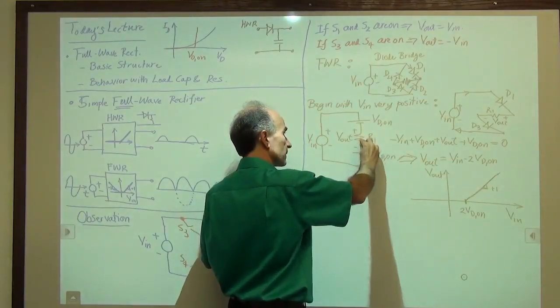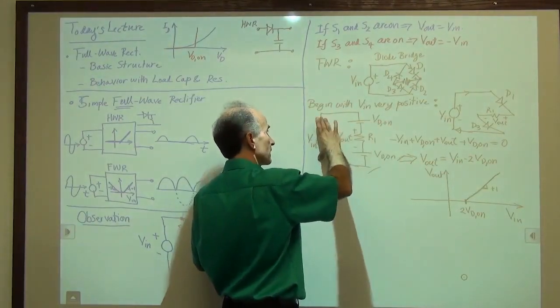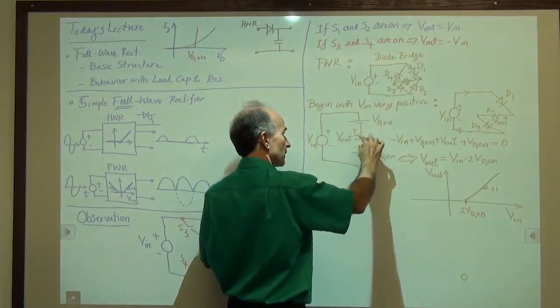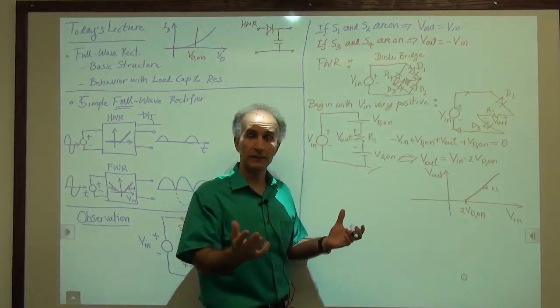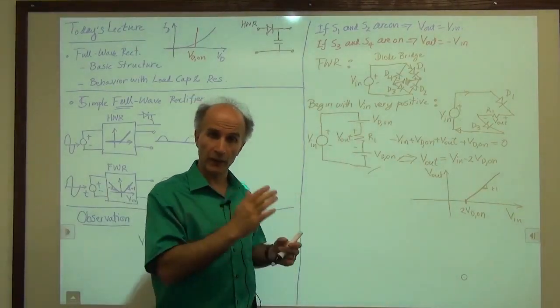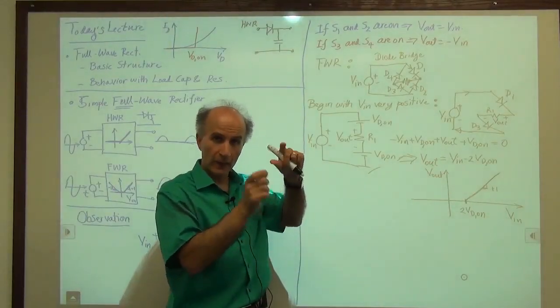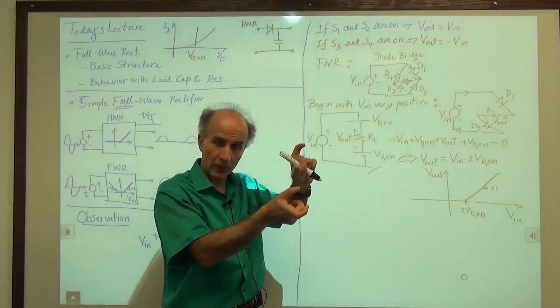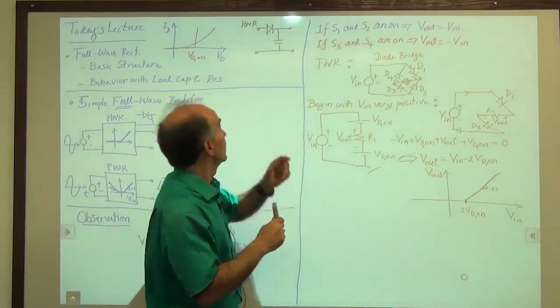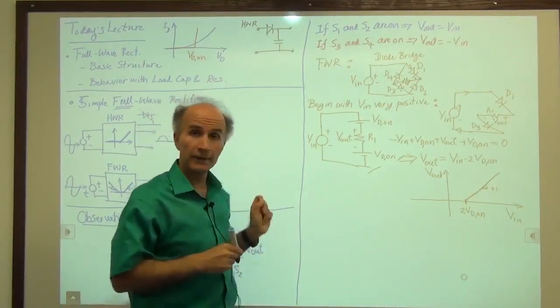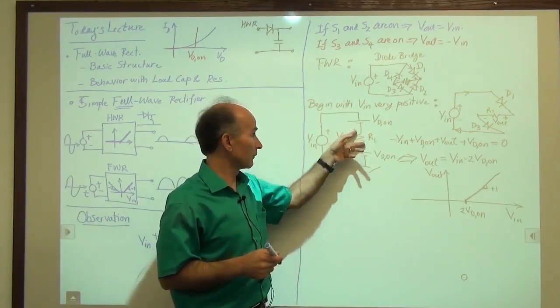And when this is just equal to this plus this, R1 has no voltage on it. So that's why. When the input voltage reaches 2 diode drops, it's just barely enough to keep the 2 diodes on with a very small current, because we are over on this corner, and that means that the output voltage is 0.